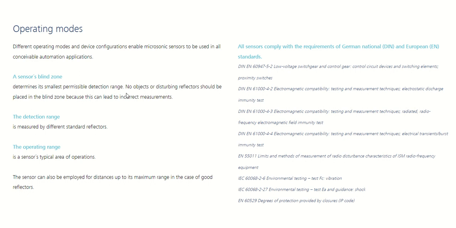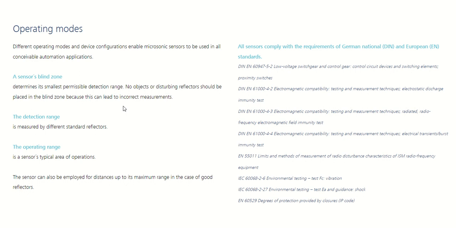It has a blind zone. The ultrasonic sensor has a blind zone which determines the smallest permissible detection range, and no object or disturbing reflector should be placed in the blind zone because it can lead to incorrect measurement.